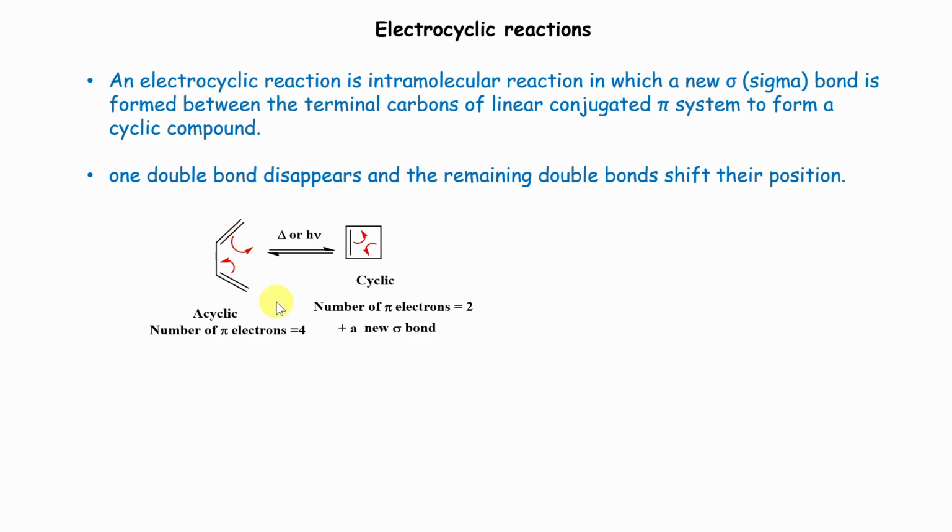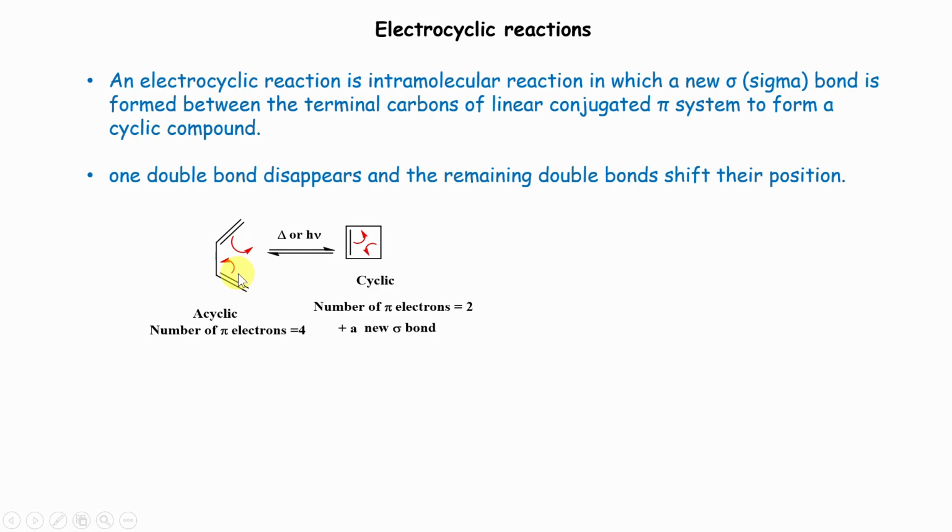See this example. It is 1,3-butadiene, a linear conjugated pi system. This molecule contains 2 pi bonds. In the electrocyclic reaction, it gets converted into cyclobutene with a new sigma bond, and in this cyclic compound, you can see only 2 pi electrons.